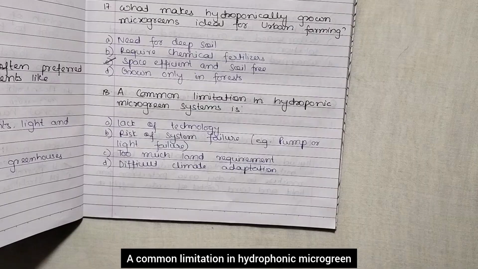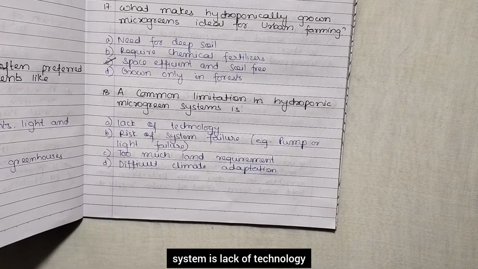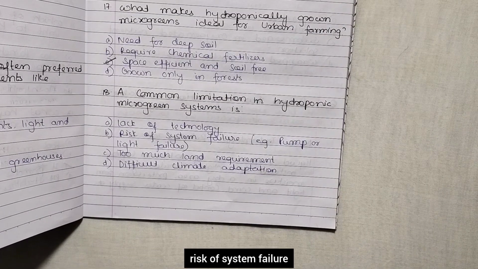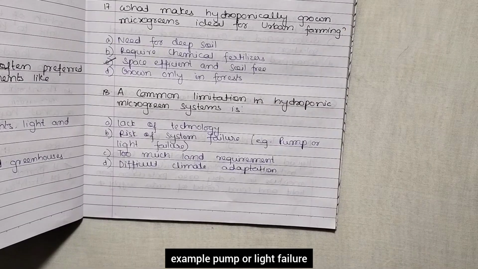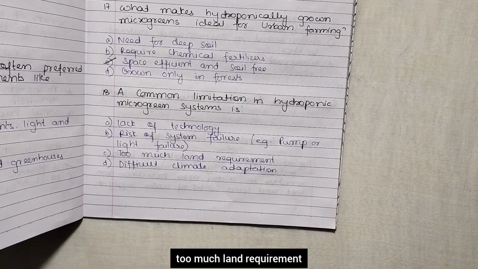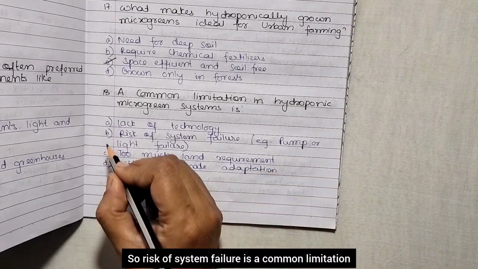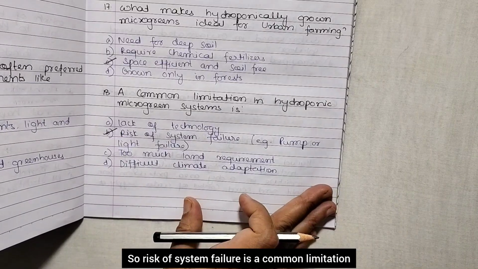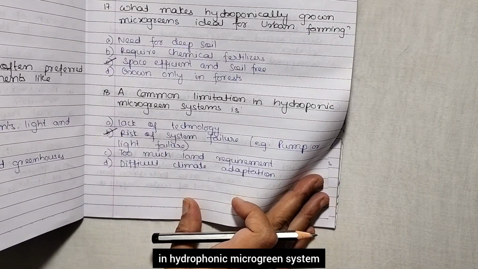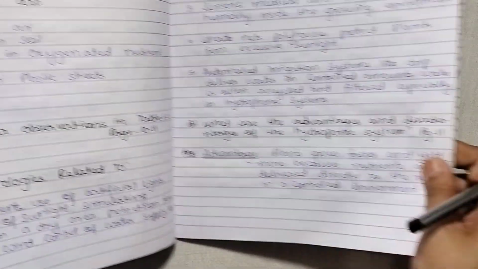A common limitation in hydroponic microgreen systems is lack of technology, risks of system failure, for example pump or light failure, too much land requirement, difficult climate adaptation. So risks of system failure is a common limitation in hydroponic microgreen systems.